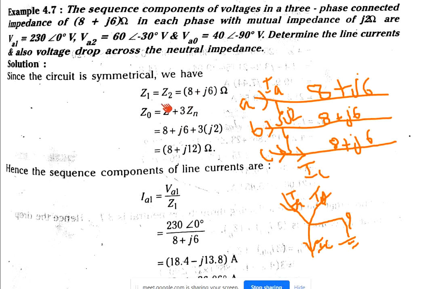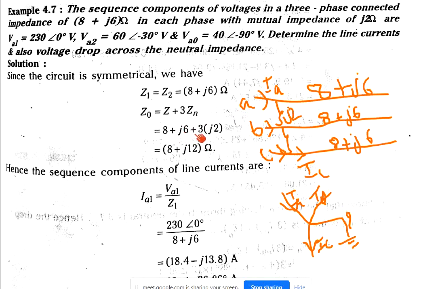Now what is Z0? Usually positive sequence and negative sequence impedances are the same, but zero sequence will differ. We have seen in the previous class Z0 can be written as Z plus 3Zn.